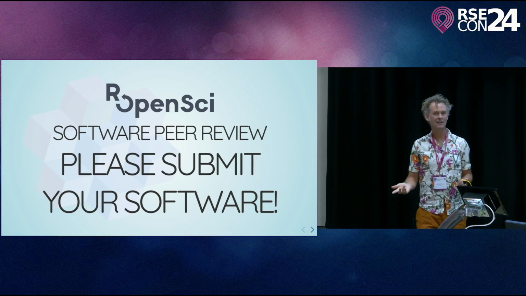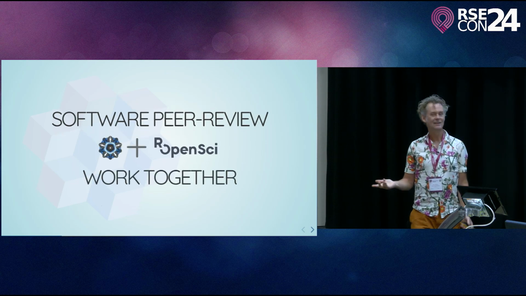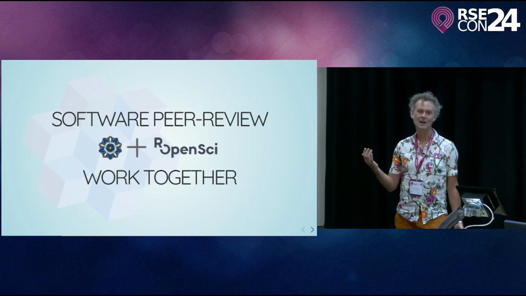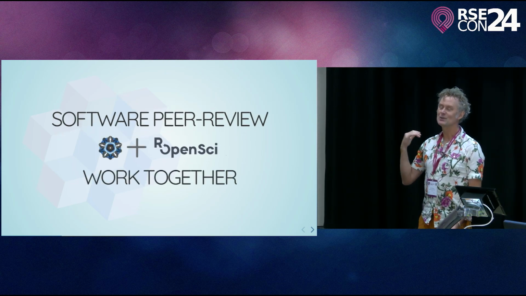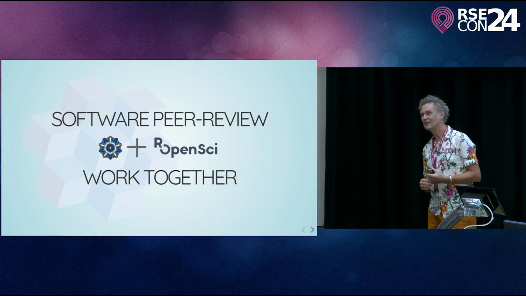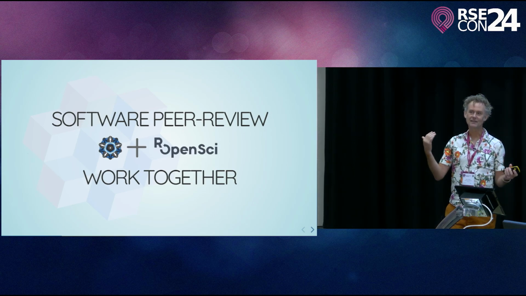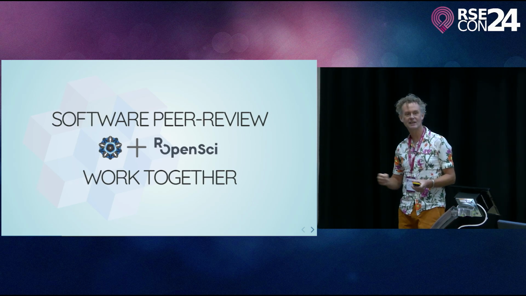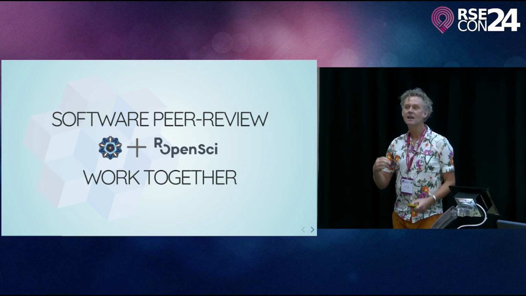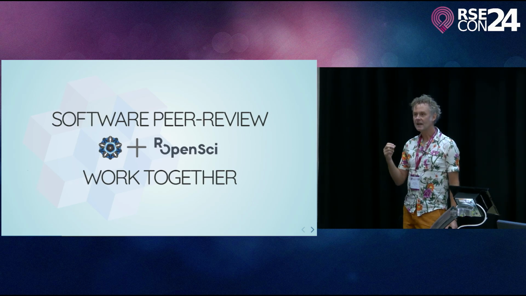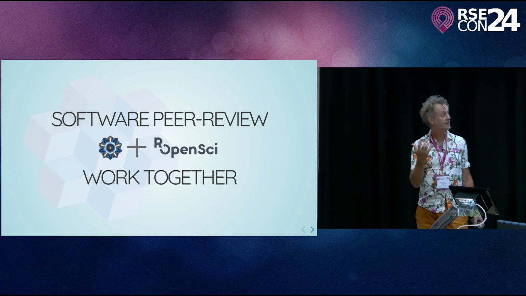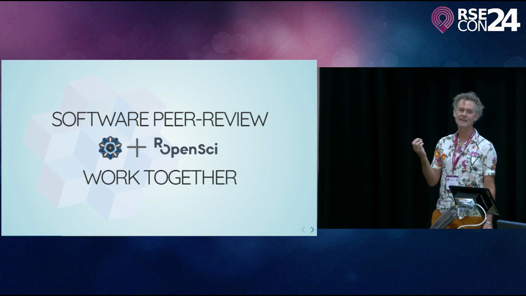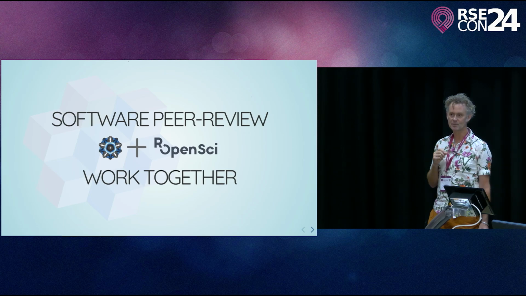which leaves everybody here saying, hang on, should I submit my software to JOS or should I submit my software to rOpenSci? Never fear, the two journals work together. They've worked together throughout their whole development. A lot of the tooling is common. The editorial bot, for example, is shared between us. The development of that has been shared between the two organizations. rOpenSci is exclusively focused on the R language, so it has a much narrower scope than JOS.